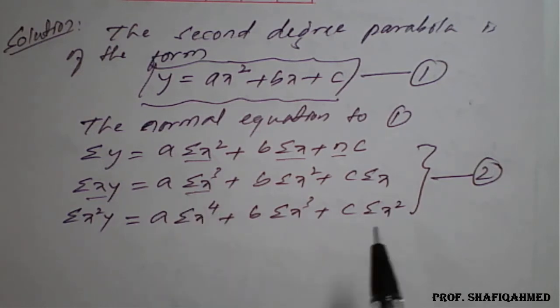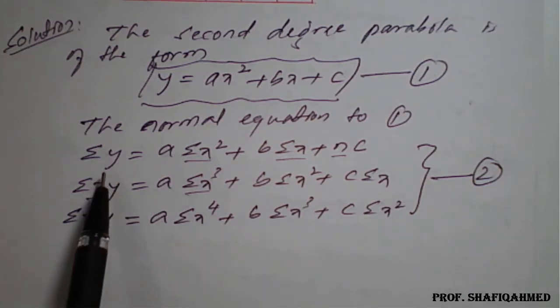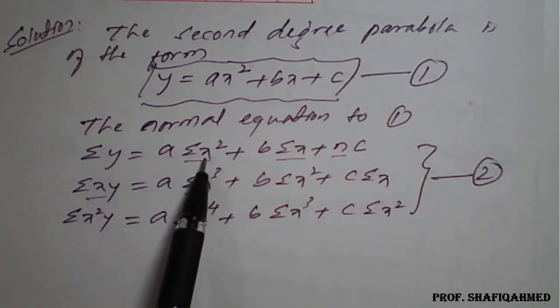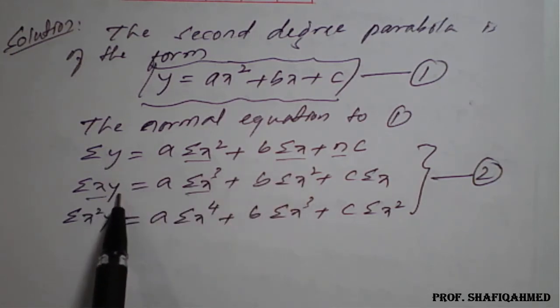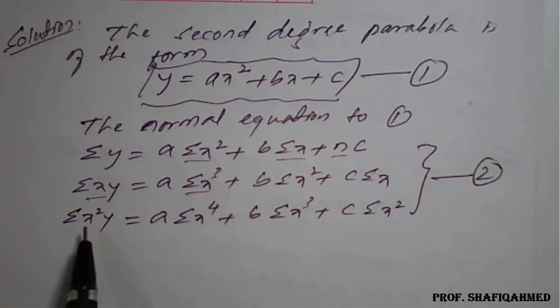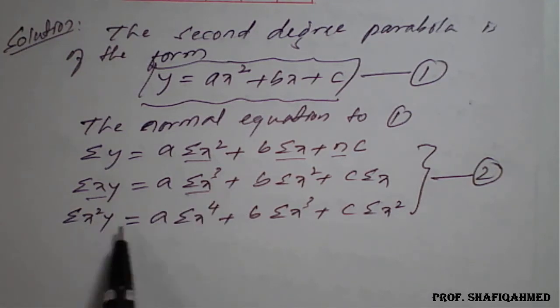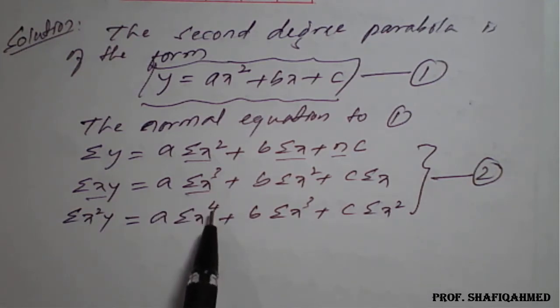So we need columns like x column, y column, x square column, then xy column, x cube column, then x square y column, then x raised to 4 column. These many columns we need with the help of the values of x and y.